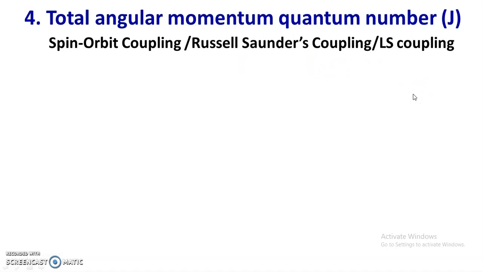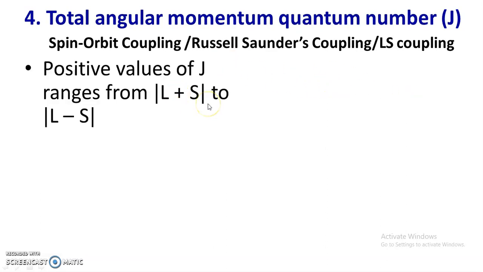Now here the L and S vectors couple with each other and give the total angular momentum quantum number, that is J. In other words, the total angular momentum quantum number is a result of coupling between the orbital angular quantum number and the resultant spin quantum number values.